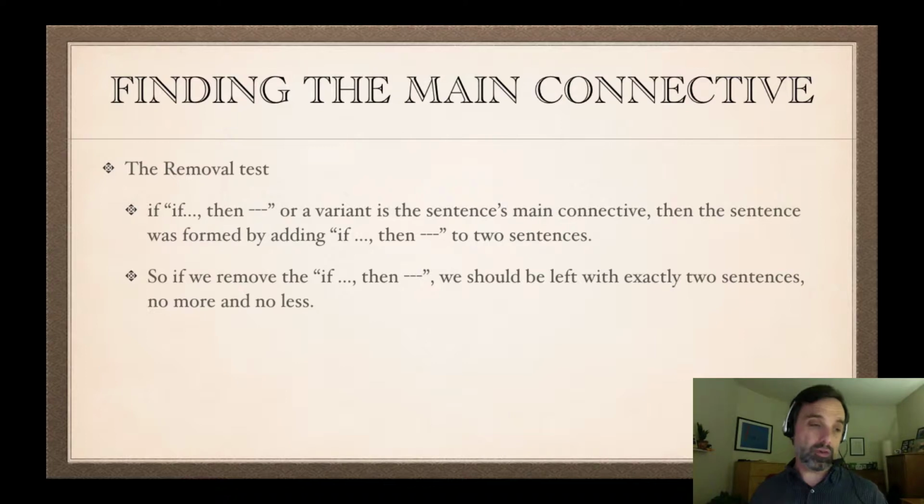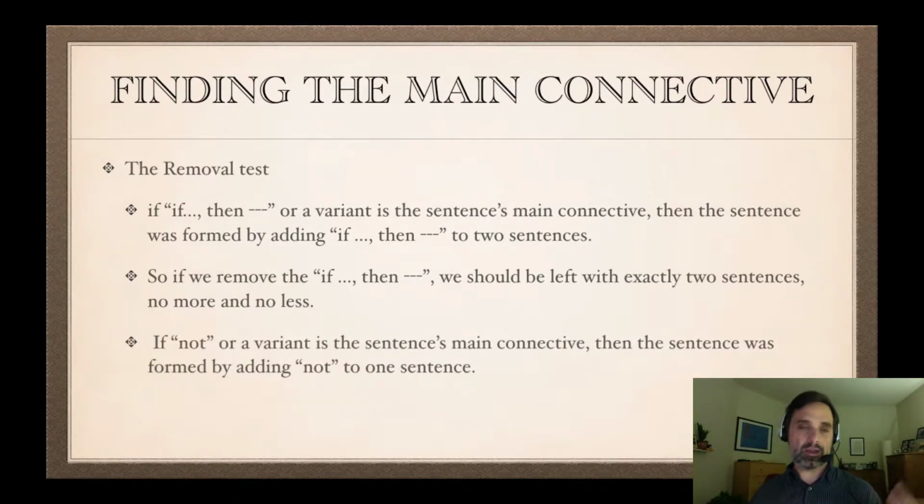So if you remove a main connective from a sentence, and you're left with exactly two sentences, then that might be the main connective. You need to make sure you're getting your commas and breaks right, but that passes the removal test. If, on the other hand, you're left with more or less, then the connective was not the main connective. It doesn't pass the removal test.